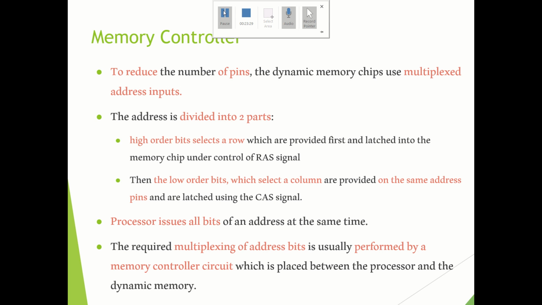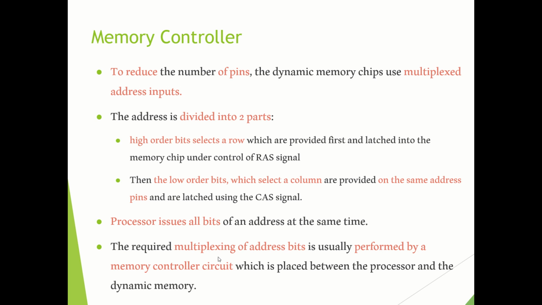We are using a memory controller that will control and do all these activities. As I said, the processor will issue all the bits, that is, the address lines contain the entire address. But whenever it is given to the memory controller, it will produce the multiplexing.